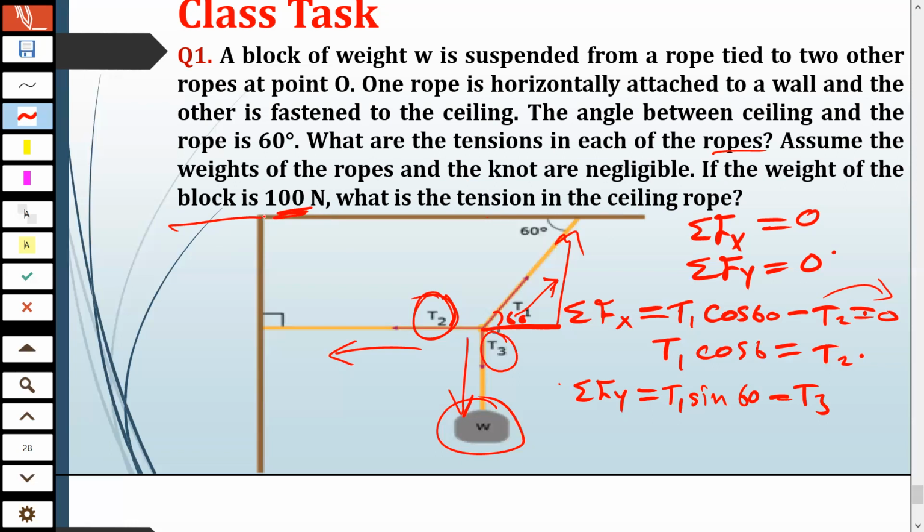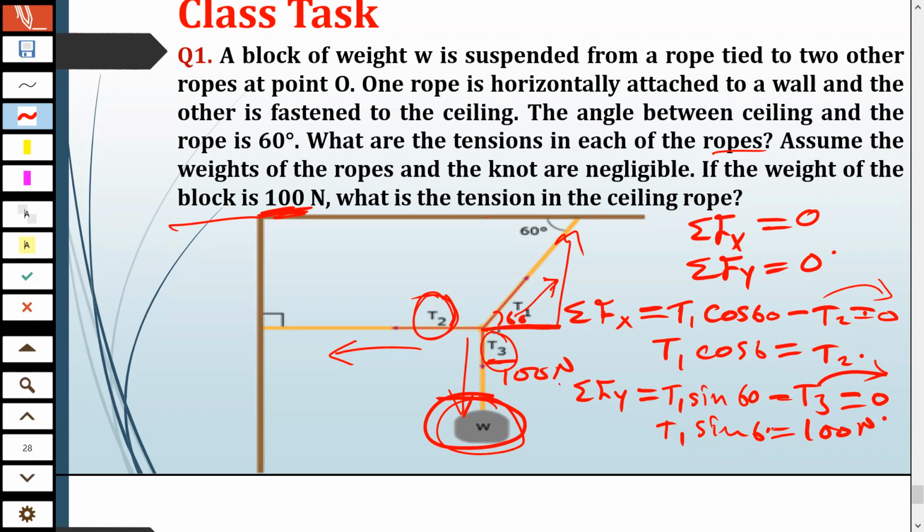So the weight of the block is 100 newtons, so T3 is also 100. If T3 goes to the other side of the equal sign, we have T1 sine 60 is equal to T3, which is 100 newtons.